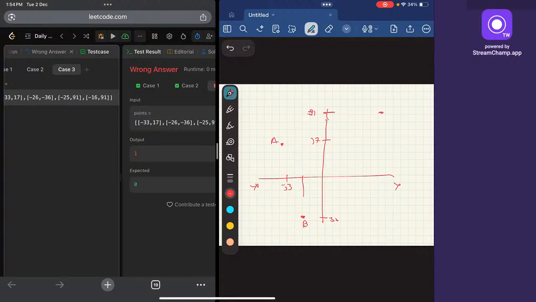This will be 25. This is minus 25. Okay, minus 25 will be here, B. Now this is C point, and 16 will be here, 16 D.